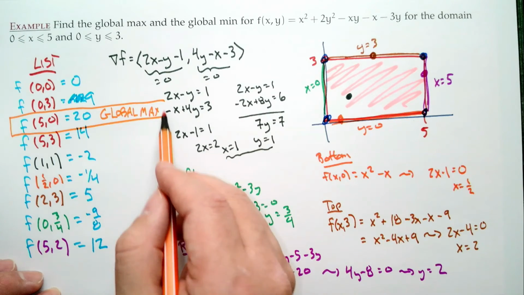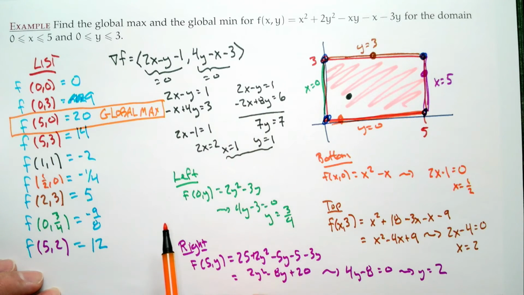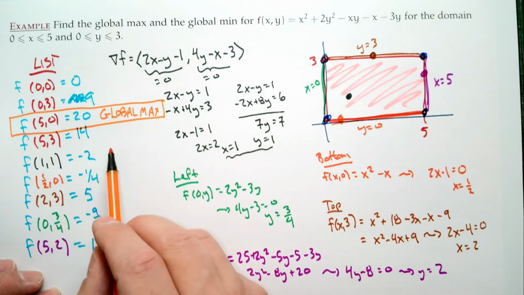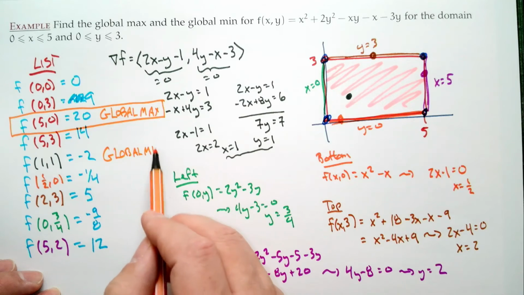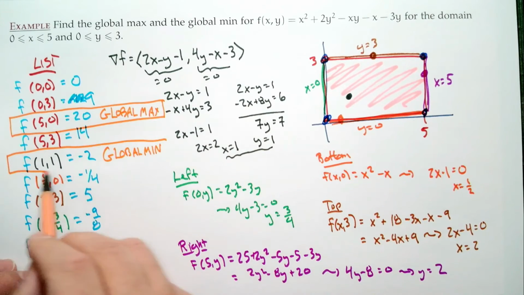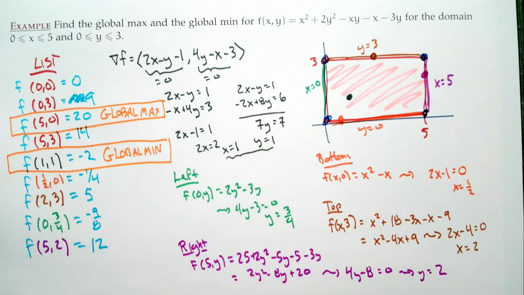And then we also keep scanning and say, which one is small? Negative 2. So that's our global min. And now we are done. So that's the process. It can be a little bit tedious, but it's sort of methodical, so be patient. Usually we end up trying to get nicer points.